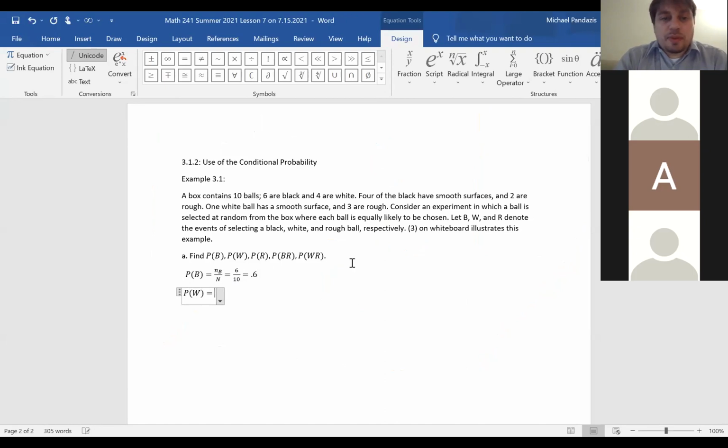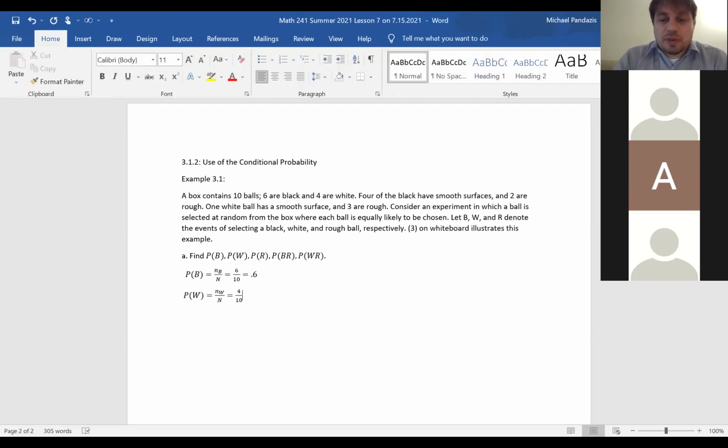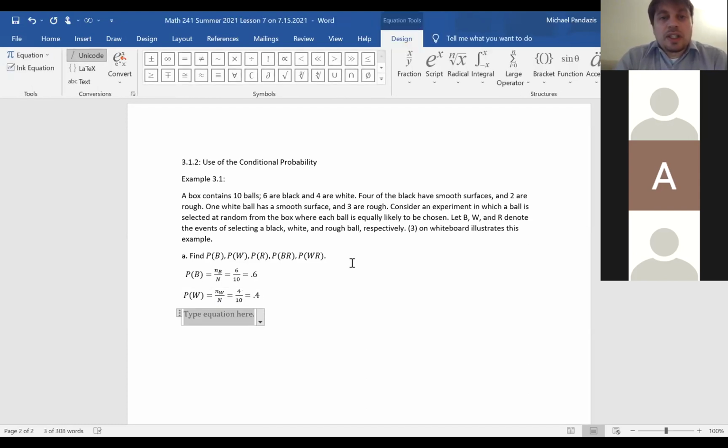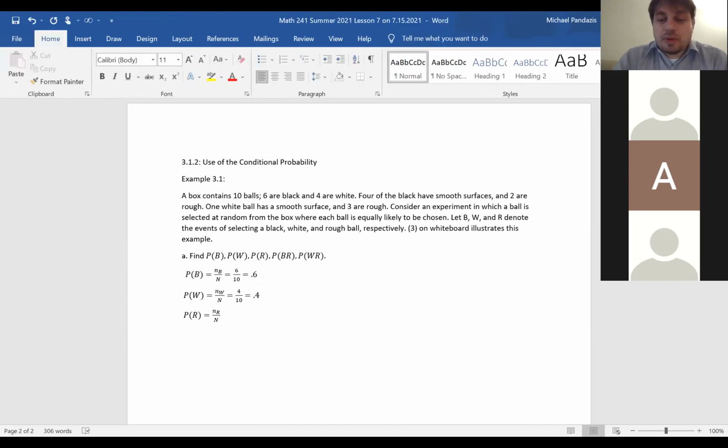Probability of getting a white marble is N sub W divided by N. The number of white balls is 4 divided by the total number of balls, which is 10. So that's equal to 4/10 or 0.4. That's the probability of a white marble. The probability of a rough ball is equal to the number of rough balls divided by the total number of balls.